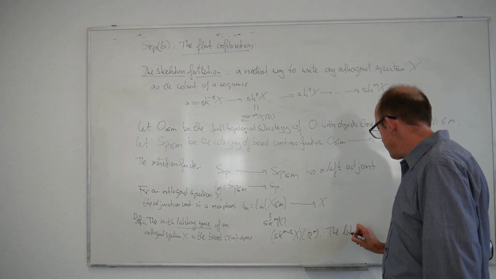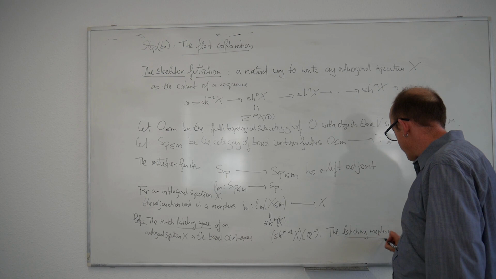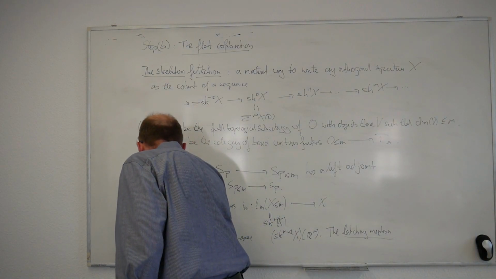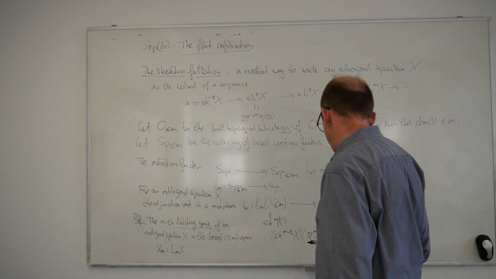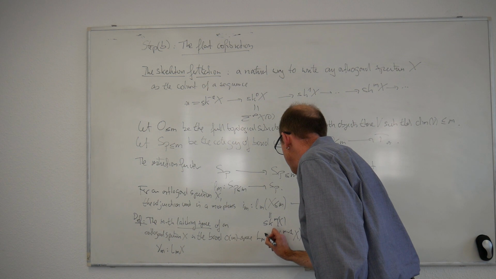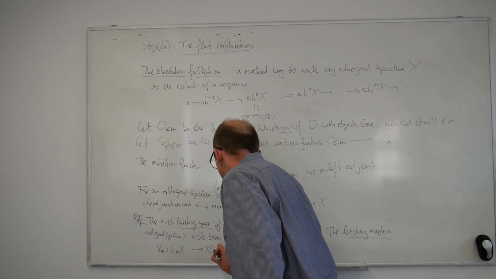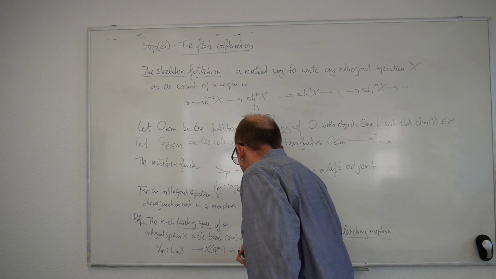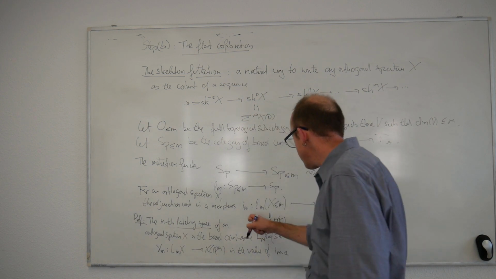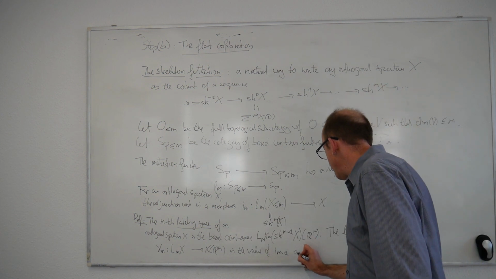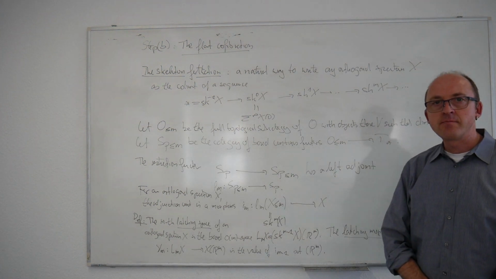And this is the latching morphism, for which I write mu M. It goes from the latching space, I guess I haven't introduced the notation yet, so this is LMX, to X of R to the M. And this is the value of IM minus 1, so this adjunction unit, but for M minus 1 and at R to the M.